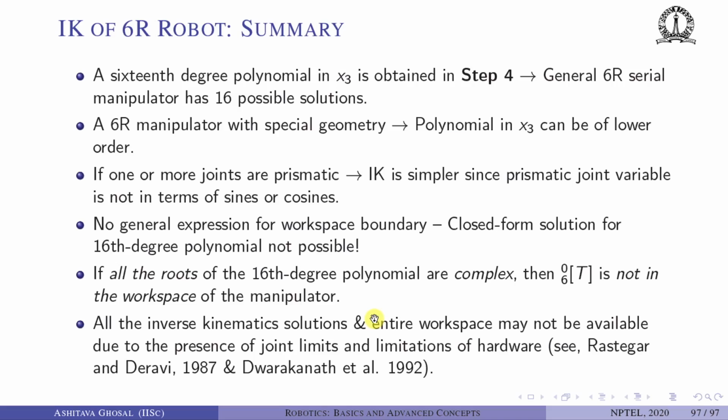And then I showed you that we can use Sylvester's method or Sylvester's matrix, this idea behind eliminating and then finding the solutions for x and y, in solving the general inverse kinematics of the general 6R robot. So with this we'll stop.